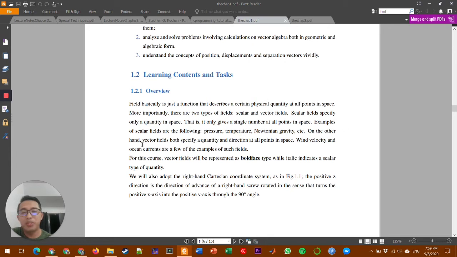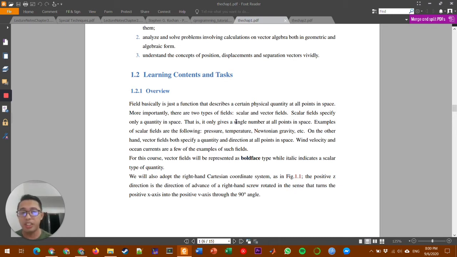Examples of scalar fields are the following. As with our temperature earlier, we also have pressure. For each point in space in a certain room, there is a defined value of pressure. Then we also have Newtonian gravity and many more. On the other hand, vector fields specify both a quantity and direction at all points in space.